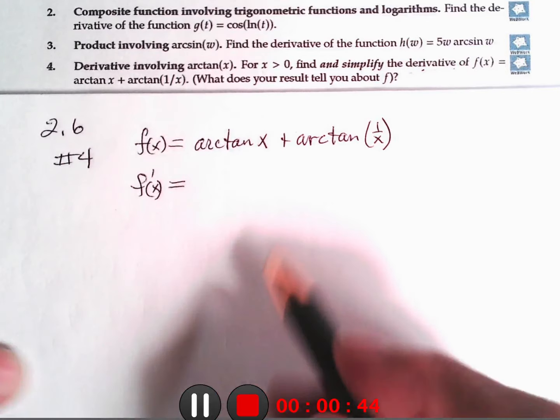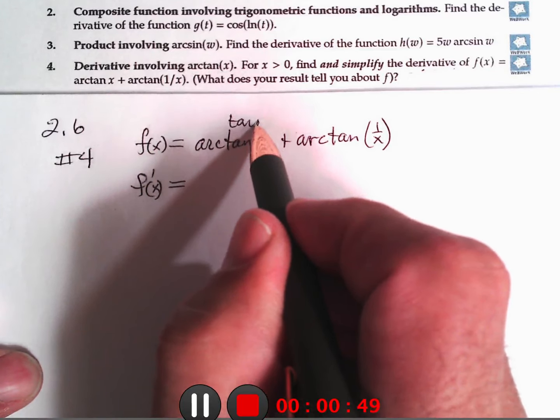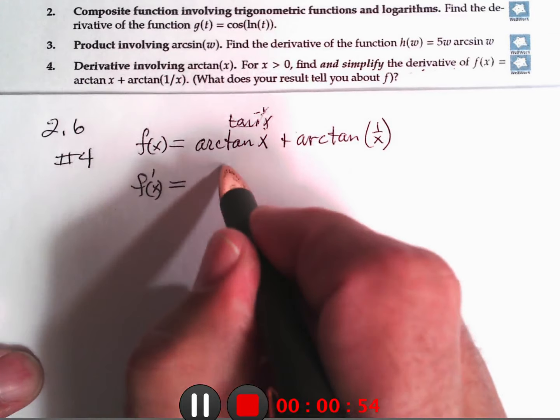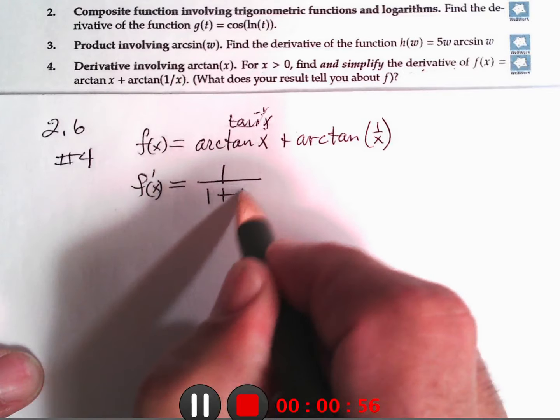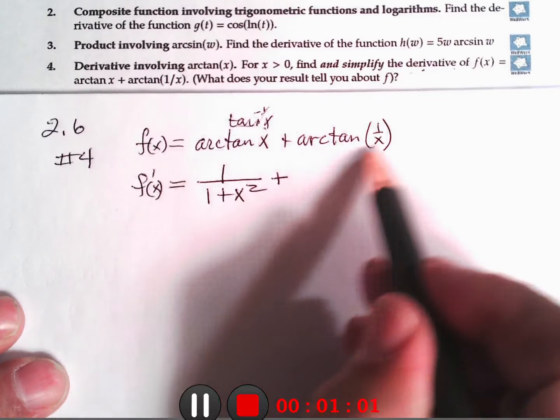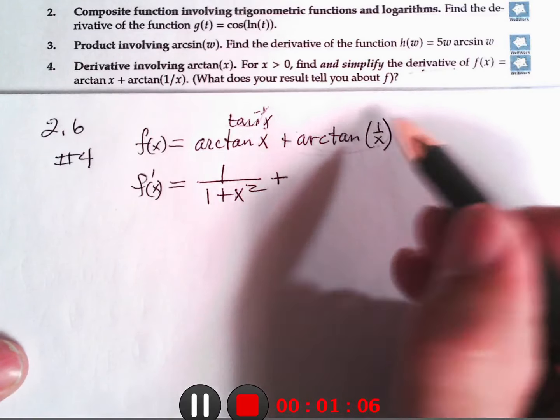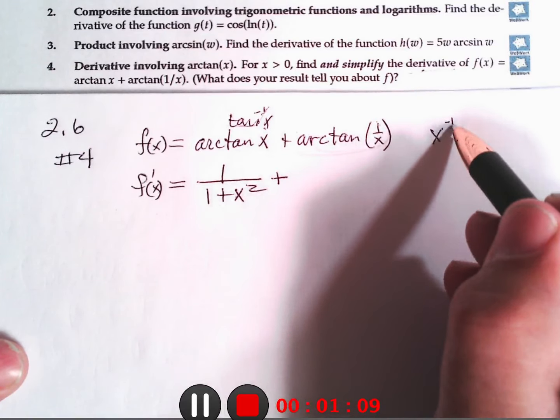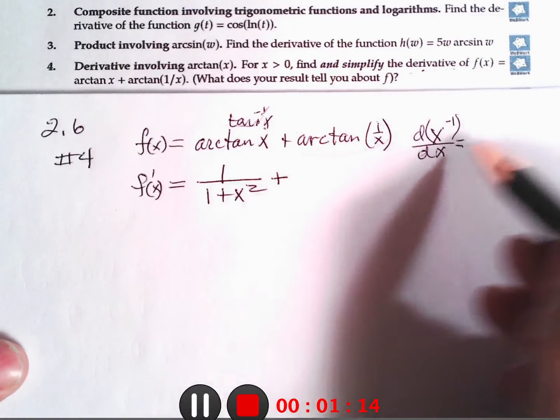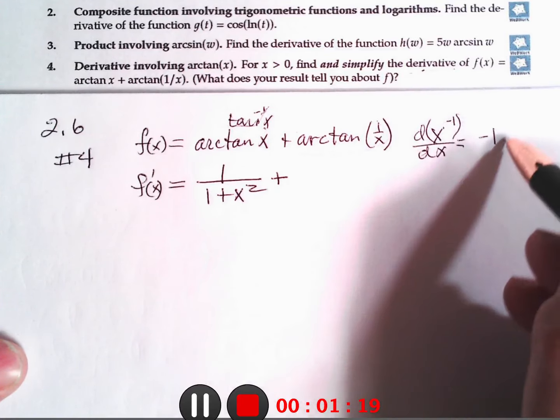So the derivative of arctangent, or tangent inverse of x, is 1 over 1 plus x squared, or x squared plus 1, plus, now this one we're going to have to do the chain rule. The derivative of the inside, see, the inside is x to the minus 1. And so the derivative of x to the minus 1 is the power rule, minus 1 times x to the minus 2.